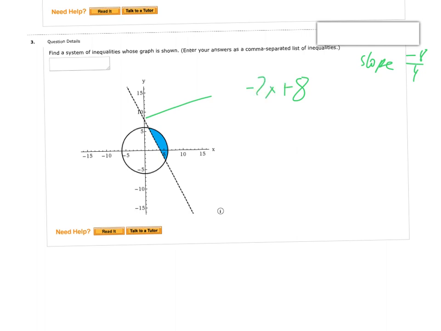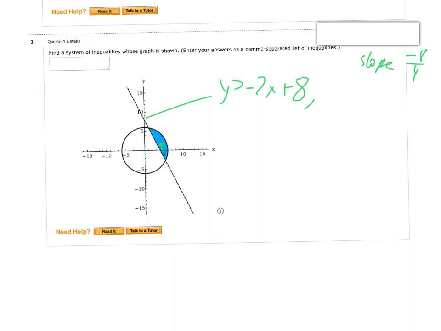And y is greater than that because you can see from that line it's going up. That'll be my first line, and then we're going to separate this with a comma.